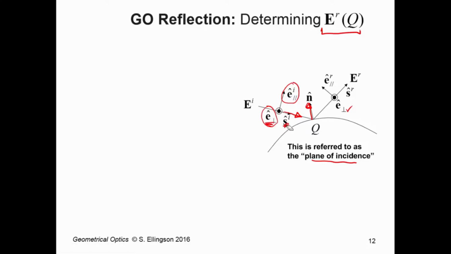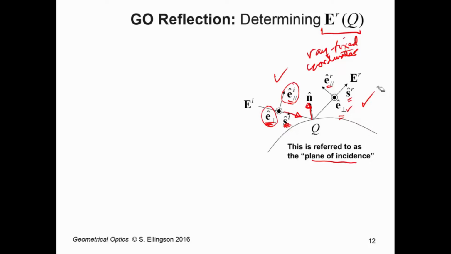You take the cross product of these two things, you get this. And similarly, if you take the cross product of these two things, you get this. So this defines what we refer to as a ray-fixed coordinate system, right? In fact, we have two ray-fixed coordinate systems here. Here's one, and here's the second one. One for incidence and one for reflection.